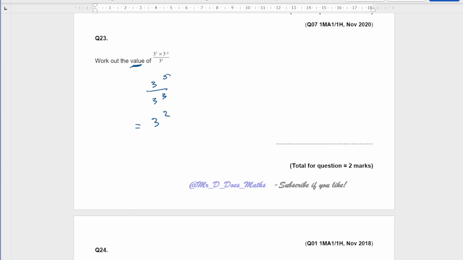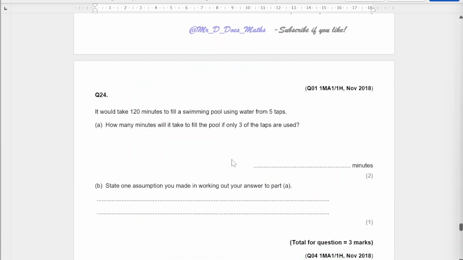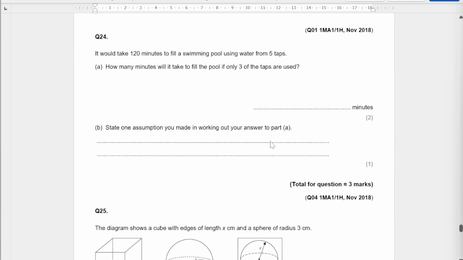So the value would be 9. I think a lot of people tripped up on the squared and just put 3 squared. Right, question 24. It would take 120 minutes to fill a swimming pool using 5 taps.